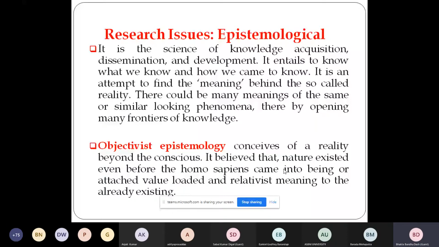It is an attempt to find the meaning behind so-called reality. There could be many meanings of the same or similar-looking phenomena, thereby opening many frontiers of knowledge. So because of this constant probing, many frontiers of knowledge get established.